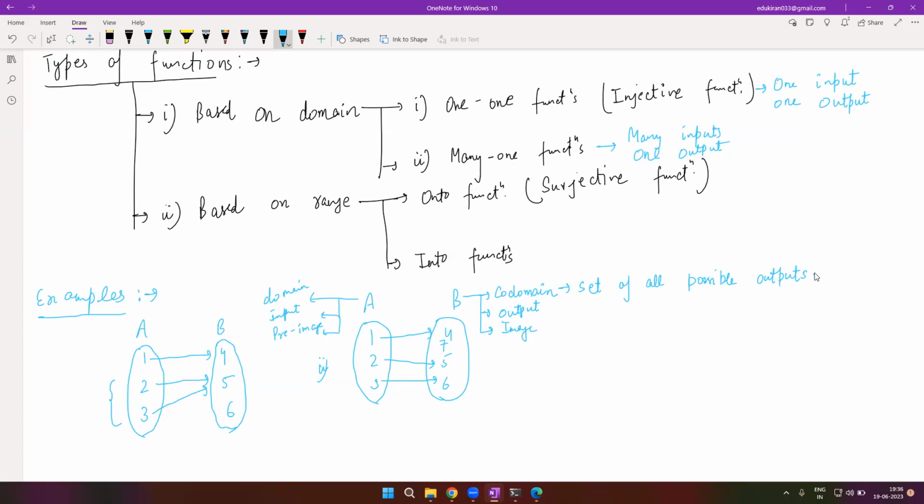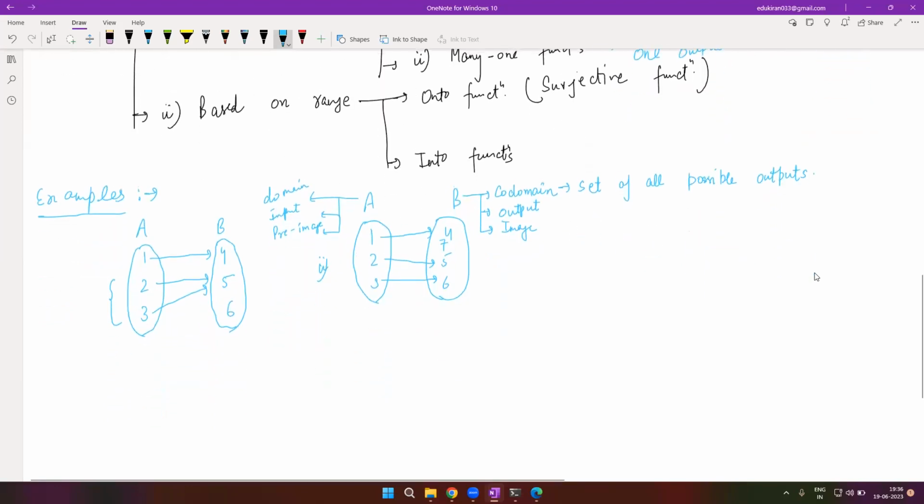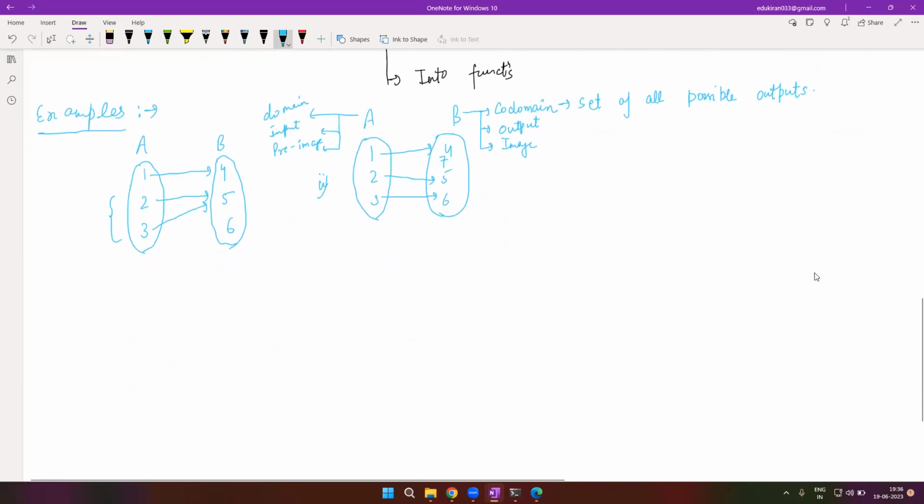For example, in this second example, your set of codomain is 4, 5, 6, 7. There are 4 elements in the codomain. Understand the difference between codomain and range. Codomain and range are not the same thing.